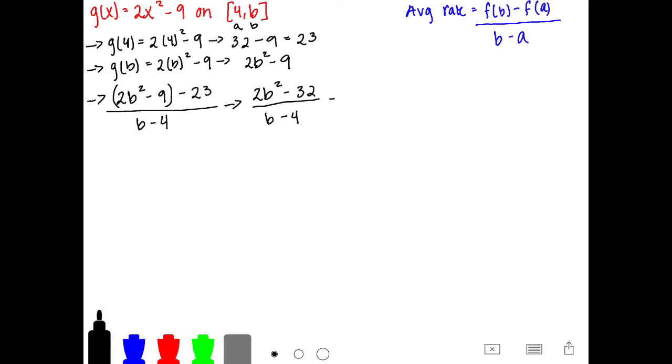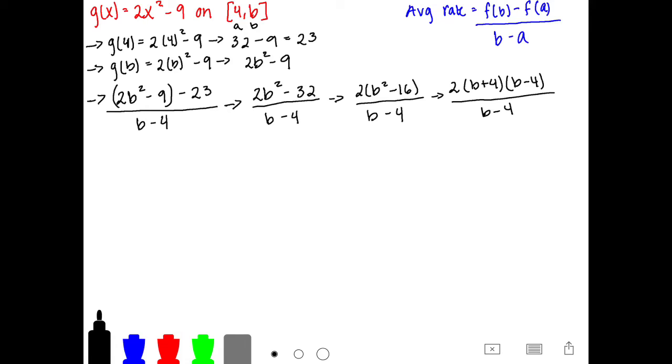So 2b squared minus 32 can be broken down to 2 times b squared minus 16 all over b minus 4. And now we can factor b squared minus 16 to get 2 times b plus 4 and b minus 4 all over b minus 4.